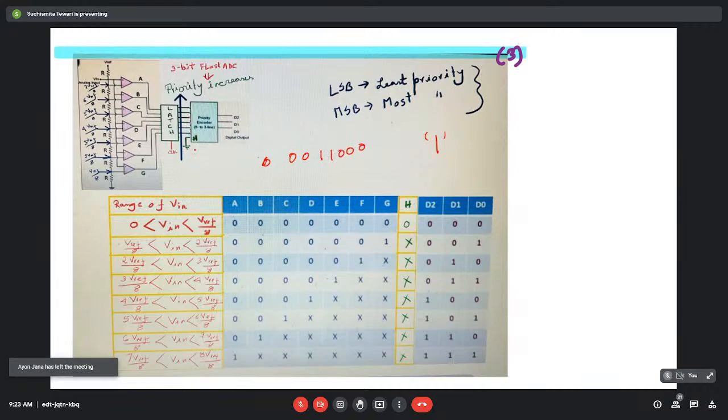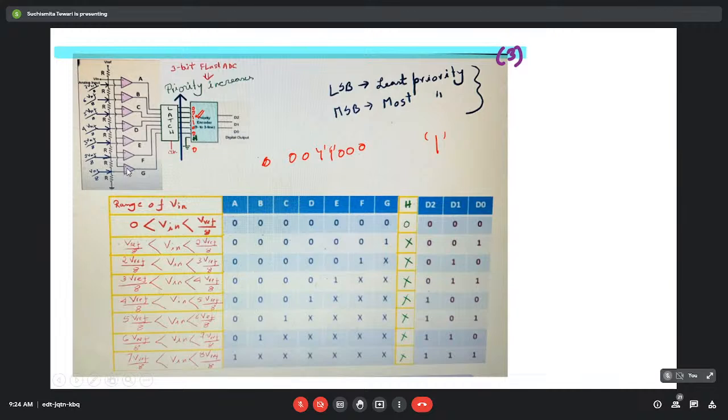So it will search for the value 1. Here 2 bits have the value 1. It will consider the bit which has the highest priority. Out of these two, this one has the highest priority because it is towards the MSB. So it will consider this one, and at the output it will form the digital signal corresponding to this bit. Let us see the example over here.